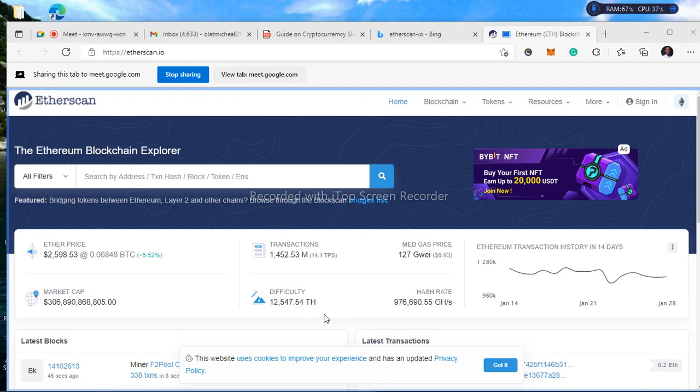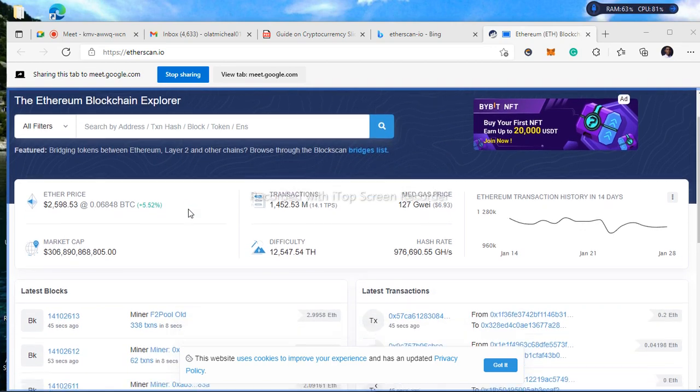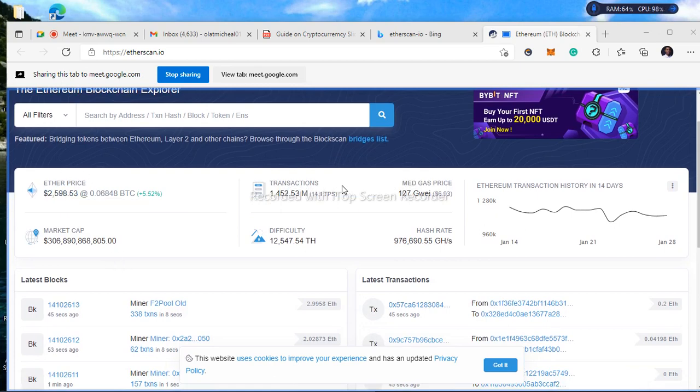All right. So now this is an example of a blockchain. This is the Ethereum blockchain. You can see the name titled Etherscan. Now you can see the price of Ethereum here, the transactions that have been performed, the total market cap, that's the total amount of money that has been circulating around Ethereum.